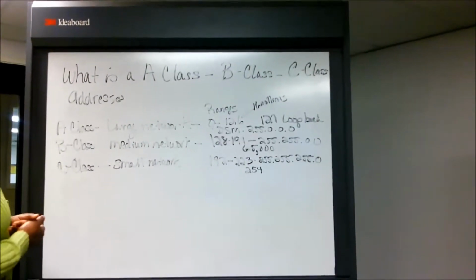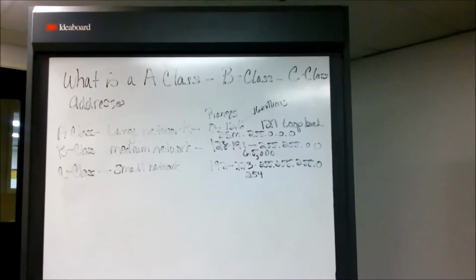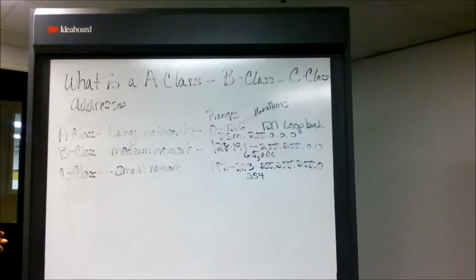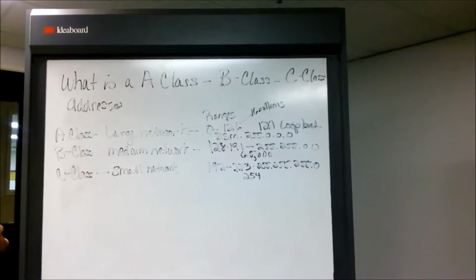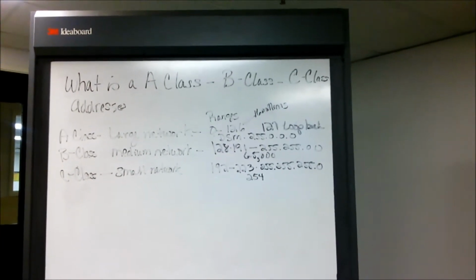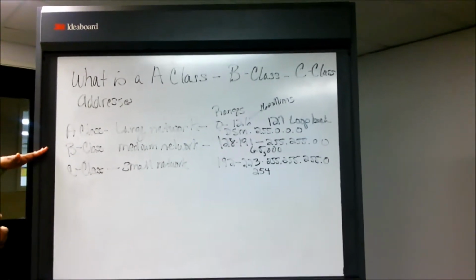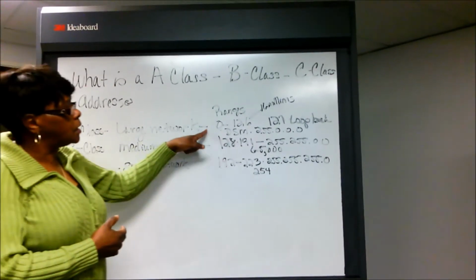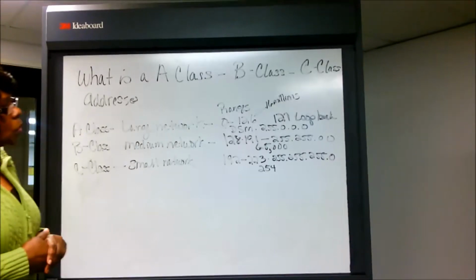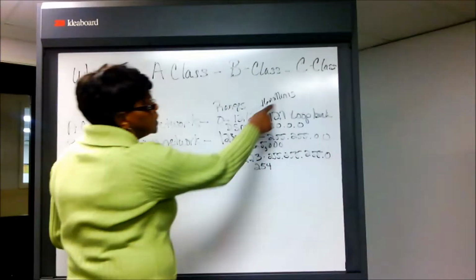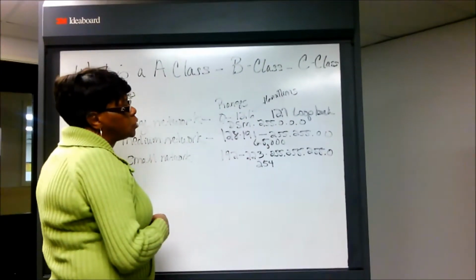Okay, so this is a demonstration, and I'm talking about what is A class, B class, and C class IP addressing. A class generally associates itself with larger networks, and the range goes from 0 to 126 with 16 million available IP addresses.